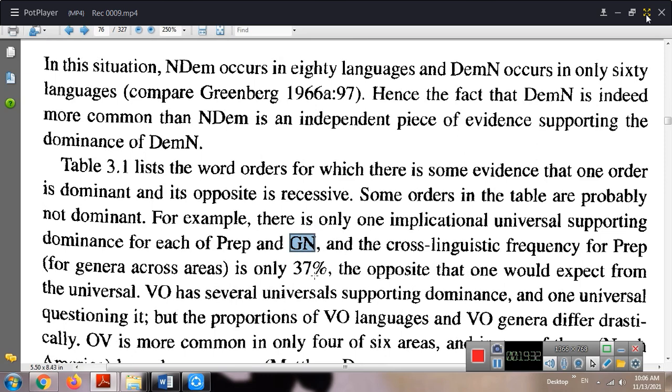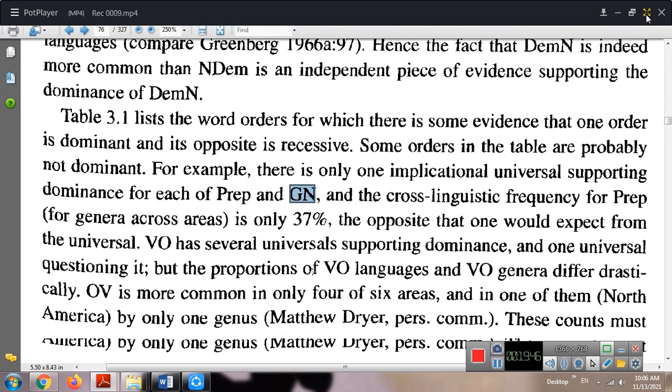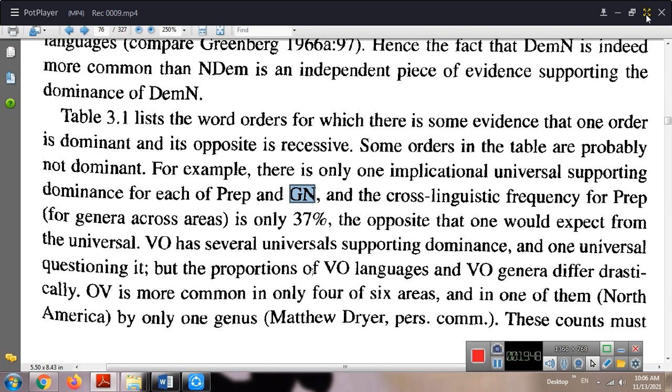And the cross-linguistic frequency for preposition for genera across areas is only 37%, the opposite of what one would expect from the universal. VO, or verb-object, has several universals supporting dominance and one universal questioning it.